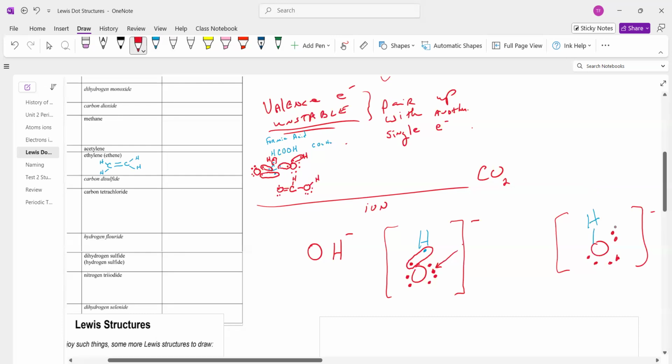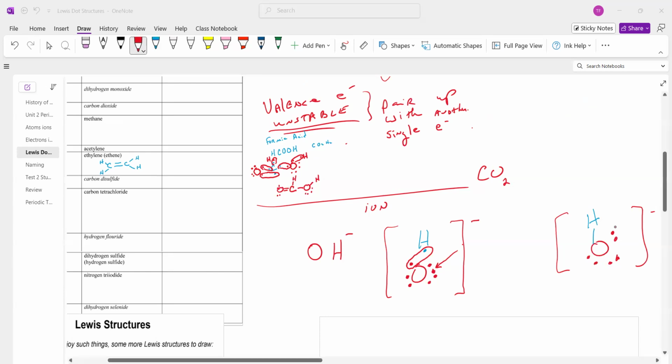Now the only difference with an ion is how to deal with the extra electron or the extra deficit electron. So here, the things are not paired up, very unstable. By taking this extra electron in there, you satisfy that instability of being a singleton electron in the bond.